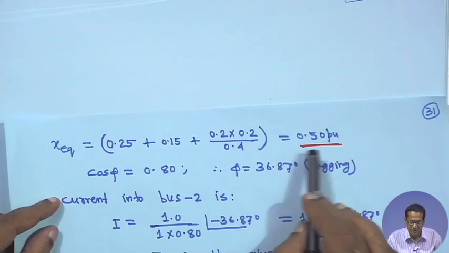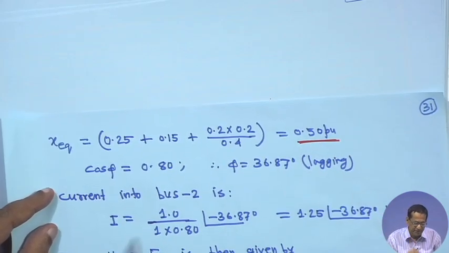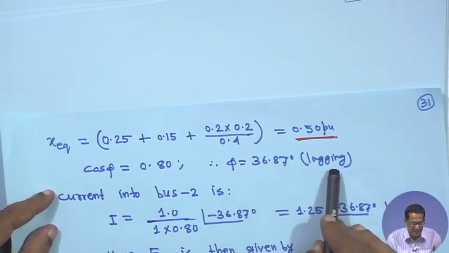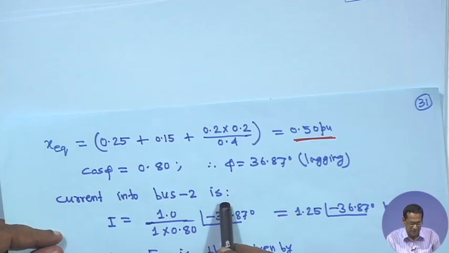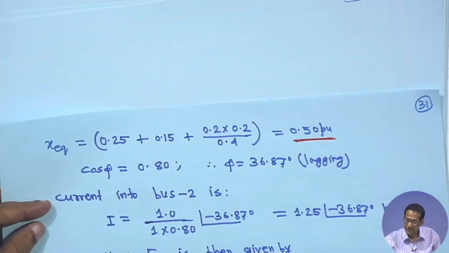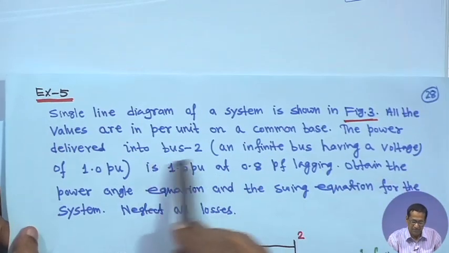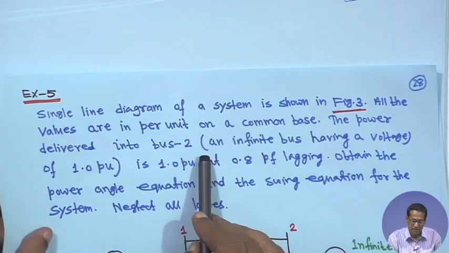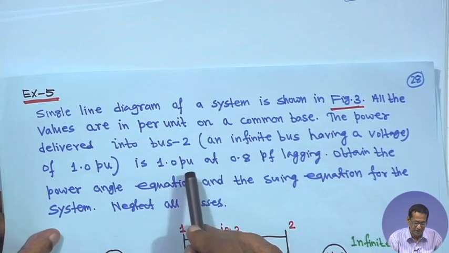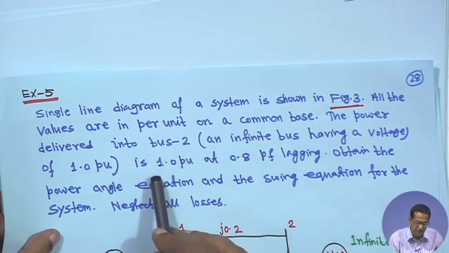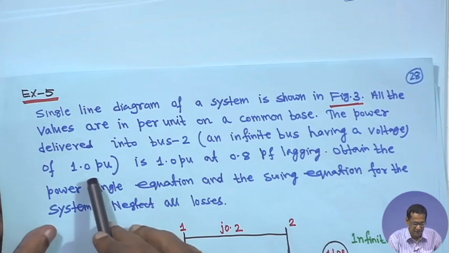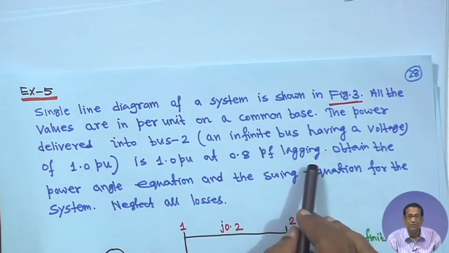So, 0.4, so x eq is 0.50 per unit, and power factor is given as 0.8 lagging. So, phi is equal to 36.87 degrees lagging. Now, the current into bus 2: if you read the problem, the power delivered into bus 2 is 1 per unit, and the infinite bus voltage is given as 1 per unit, angle 0, with 0.8 power factor lagging.